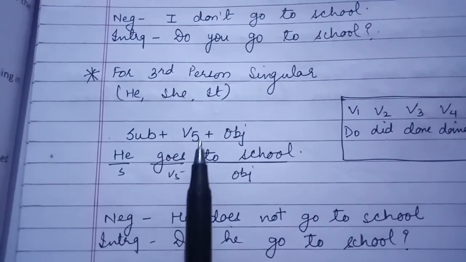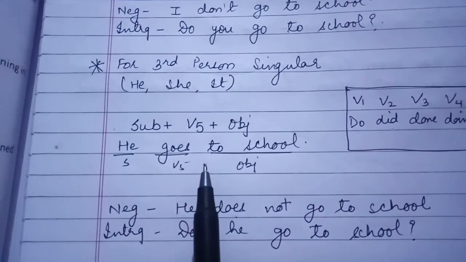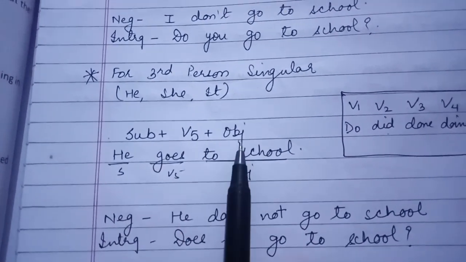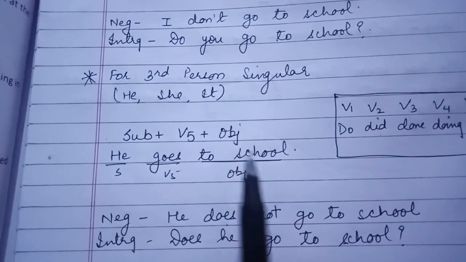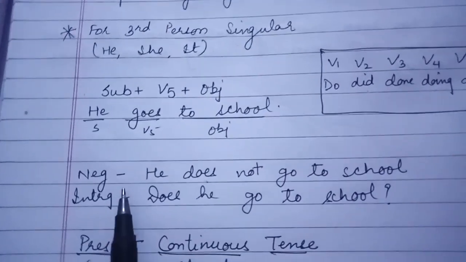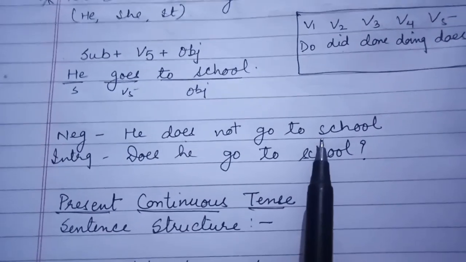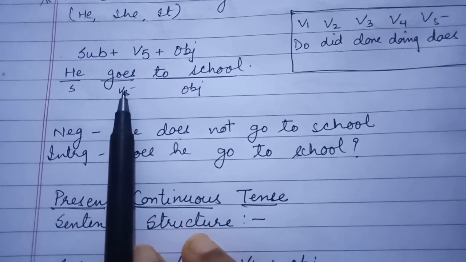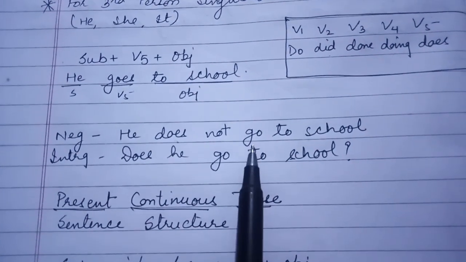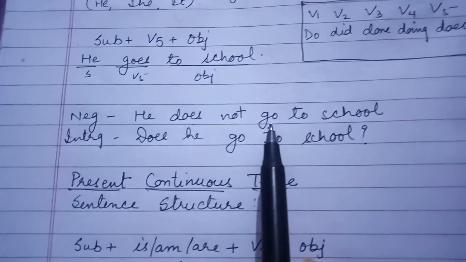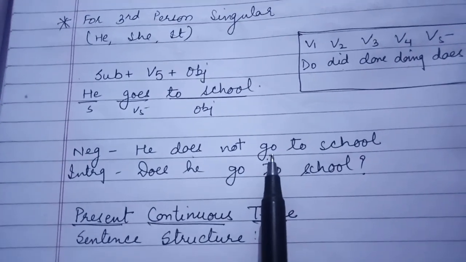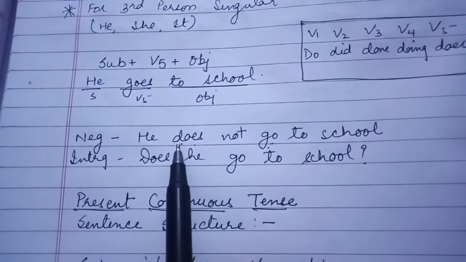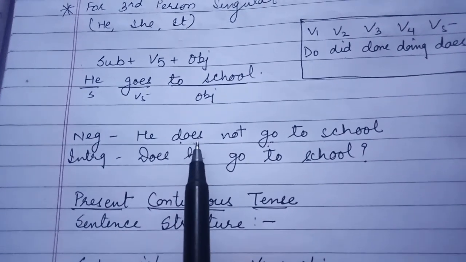So for the third person singular in simple present tense, we use this sentence structure: subject plus V5 plus object. Negative: He does not go to school. Now, what changes can you see here? Here we have used the verb's fifth form, but here we have used the verb's first form. Why did we do that? Because here we are already using does, which is the fifth form of the verb do.